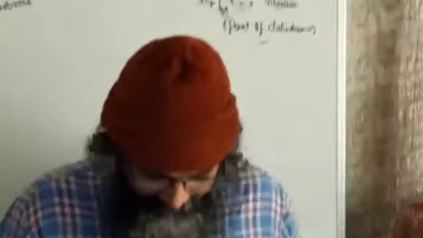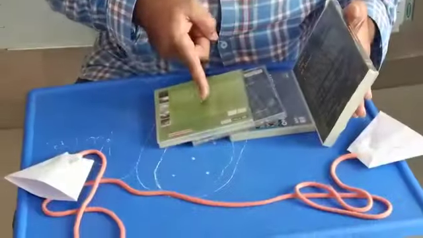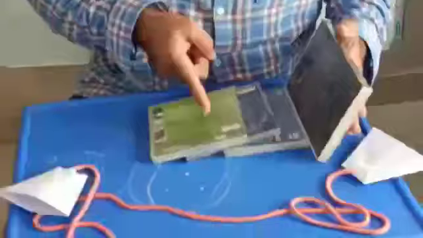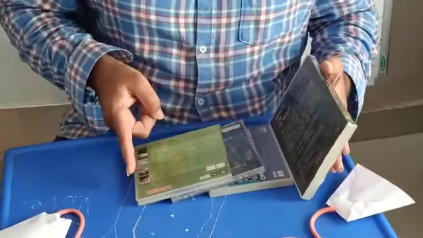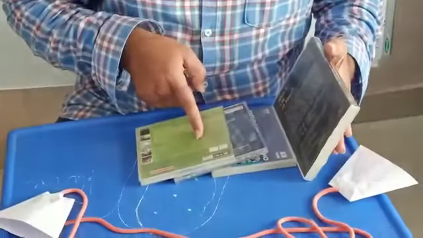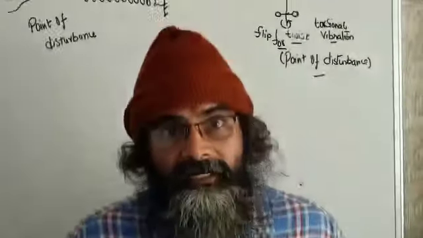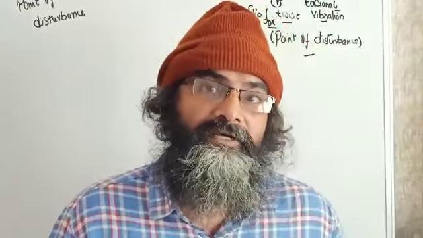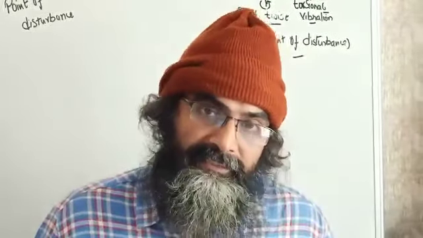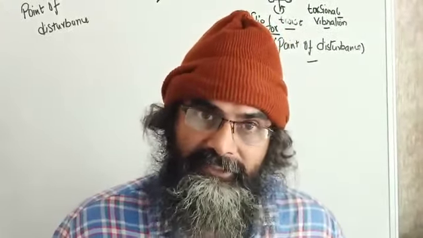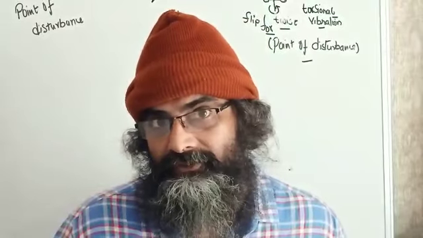But here we have a problem. After carrying this disturbance, the box has completely fallen, so we cannot use it to propagate another disturbance. Because of this problem, you can't transfer disturbances, pushes or vibrations continuously from one place to another.